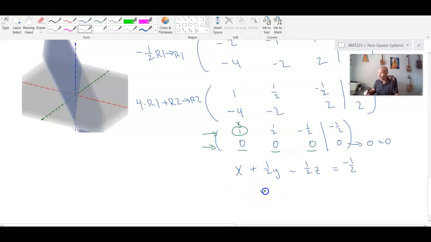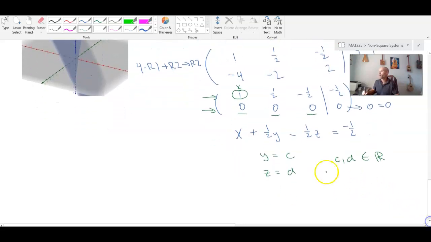So if I say something like y equals c, z equals d, we're going to assign these to some arbitrary values. c and d are both real numbers. Then based upon that, I can say that x plus 1/2 c minus 1/2 d equals negative 1/2. And moreover, I can write x equals negative 1/2 minus 1/2 c plus 1/2 d.